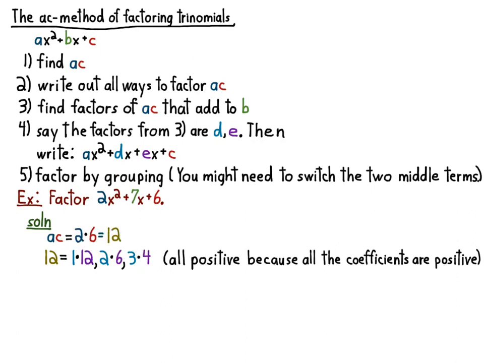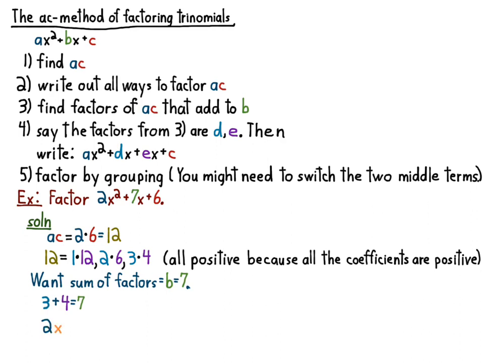Okay, and then I want to know, the sum of these two things has to be 7. Right? So that's 3 and 4, 3 plus 4. So it's very simple, right? It actually works a lot more like when we did factoring a trinomial whose leading coefficient is 1. It kind of looks a lot like that, except up to this point.